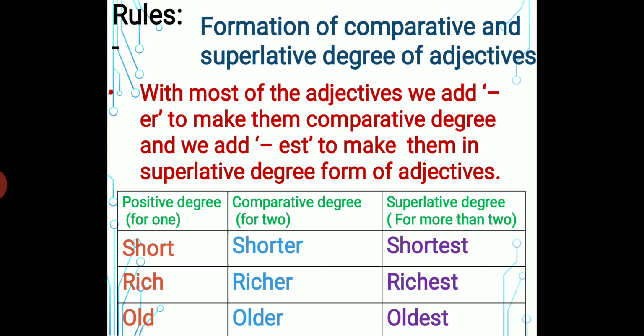And in a superlative form, est means oldest. Let's read again. Short, shorter, shortest. Rich, richer, richest. Old, older, oldest. This is the basic rule to form comparative and superlative degree of the adjective.